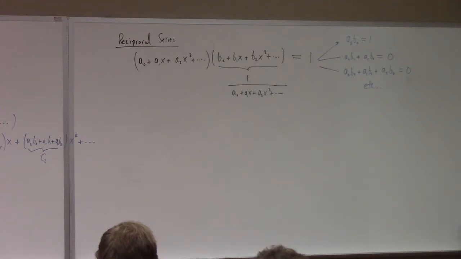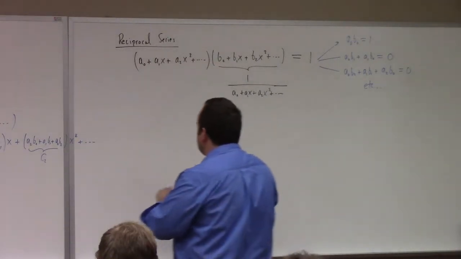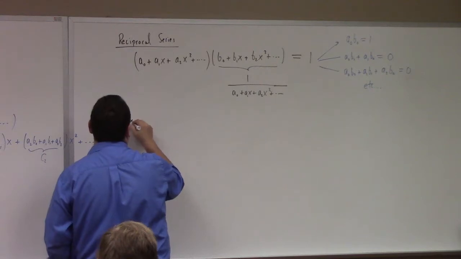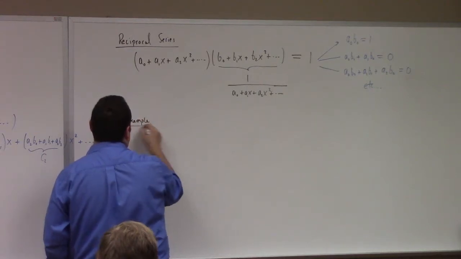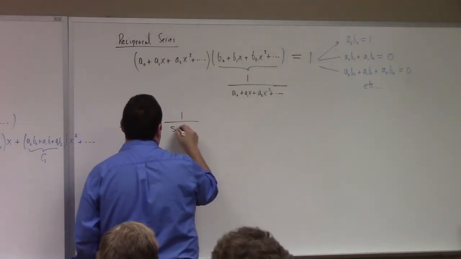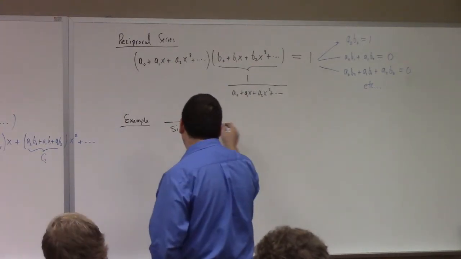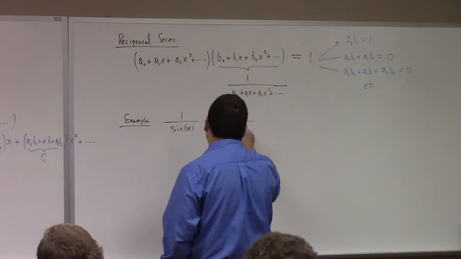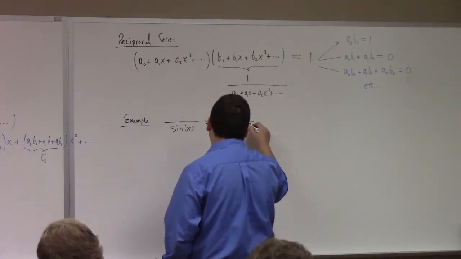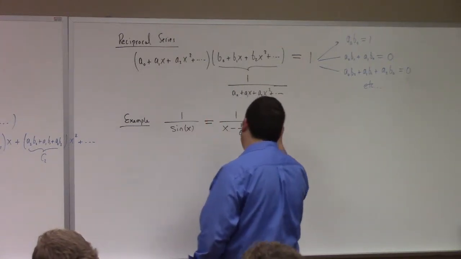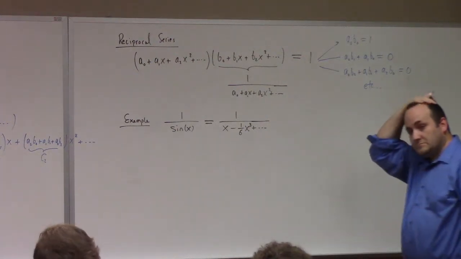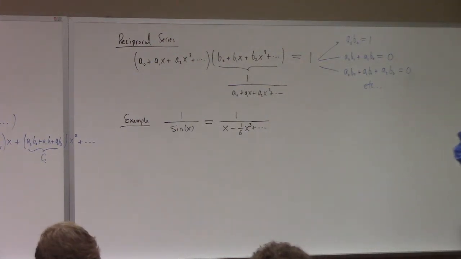Here, I'll show you. For example, suppose we want to find 1 over sine x as a power series. So this is 1 over x minus 1/6 x cubed. So that's probably a bad idea.